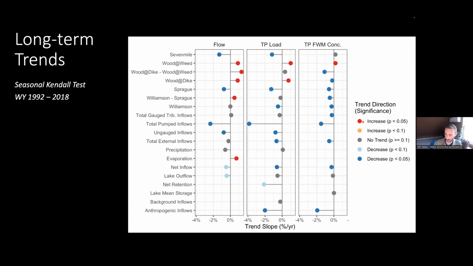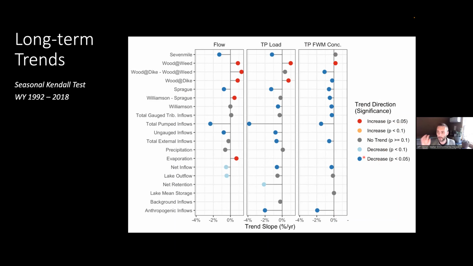So if it's a dark red color, then it's an increasing trend with a low p-value less than 0.05. If it's orange, then it's still increasing, but the p-value is a little bit higher, that moderate significance between 0.05 and 0.1. If it's gray, then we consider that no trend or no significant trend, and then blues for the decreasing trends.